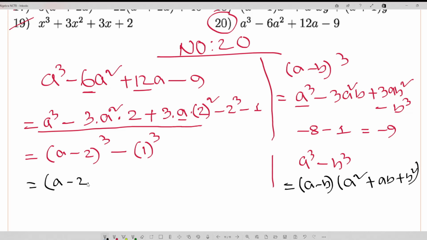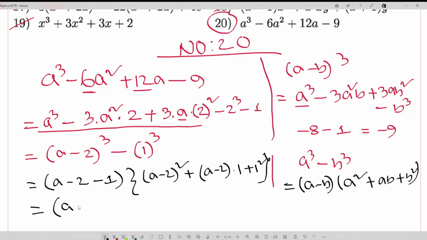First a minus 2 minus 1, it means a minus b, then a square means a minus 2 whole square, plus ab. ab means a, that is a minus 2, b means 1, and then plus b square, it means plus 1 square.